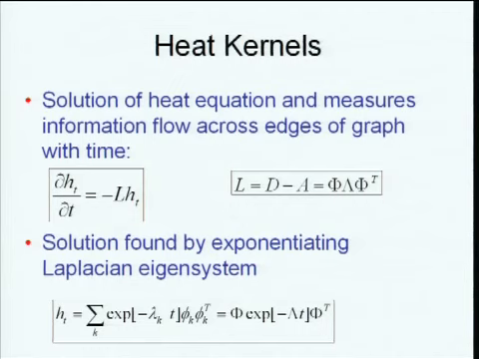If we recall the expression for the Laplacian matrix and its eigendecomposition, then since the solution of this equation is just an exponential of the Laplacian with time, we can solve it using the spectrum of the Laplacian matrix. The heat kernel is just the eigenvector matrix times the exponential of the eigenvalue matrix with time times the transpose of the eigenvector matrix.